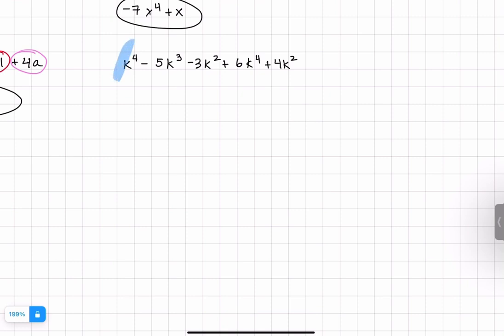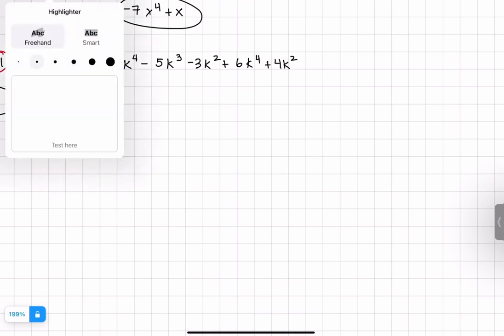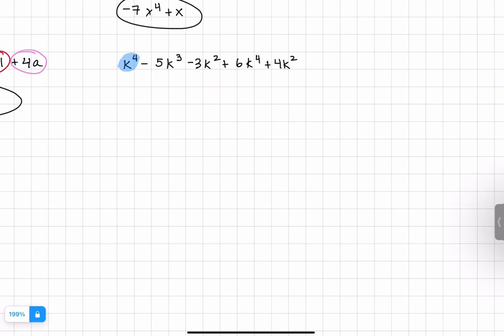So let's try it. Okay, so 4 over here, another 4 over here, and then we have 3 over here, then we have 2, so power of 2.